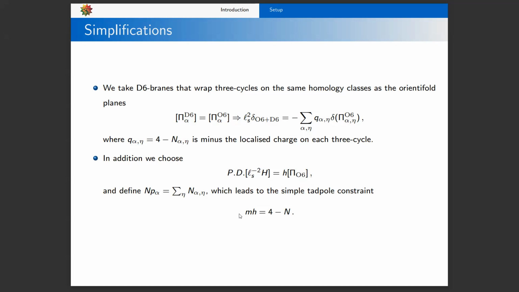With that, we arrive at a very simple tadpole constraint between the flux quanta and a quantity that is related to the number of D6 planes. It's important to note that both n and h need not be integers in this setup. What needs to be an integer is the homology class associated to the product of h times the homology class of the orientifold planes. So we can have fractional values depending on the geometry.